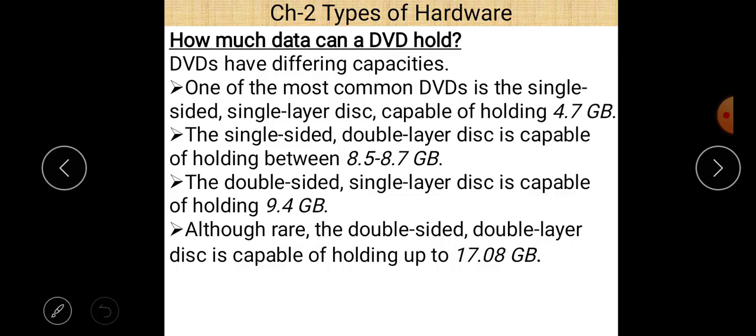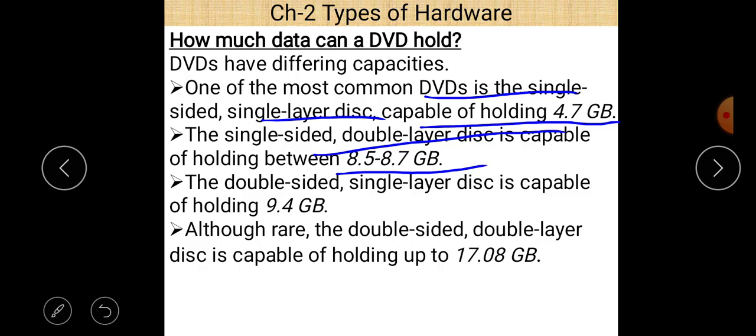One of the most common DVDs is the single-sided single layer disc, which is capable of holding 4.7 GB of data. The single-sided double layer disc is capable of holding between 8.5 to 8.7 GB of data.